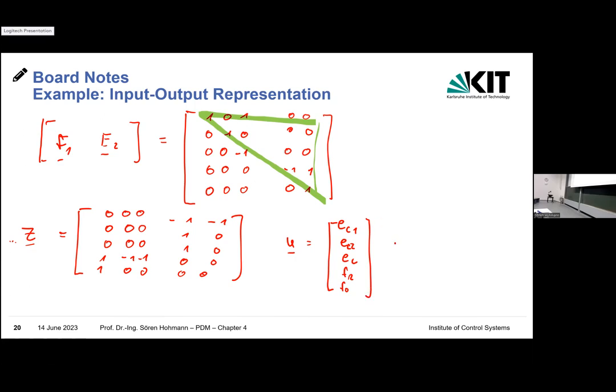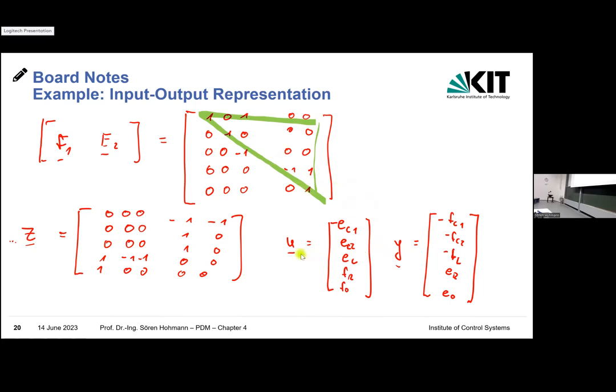And for Y, we get minus FC1, minus FC2, minus FL, ER, and E0. And well, here it mixes up. That's clear due to the inversion of the things.